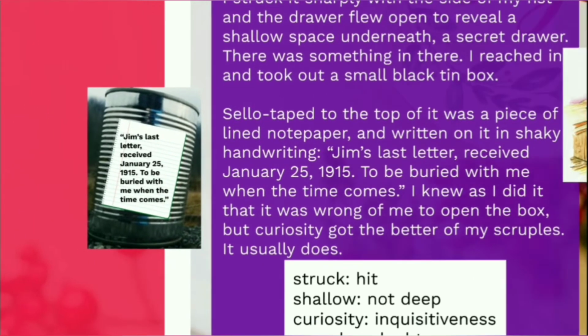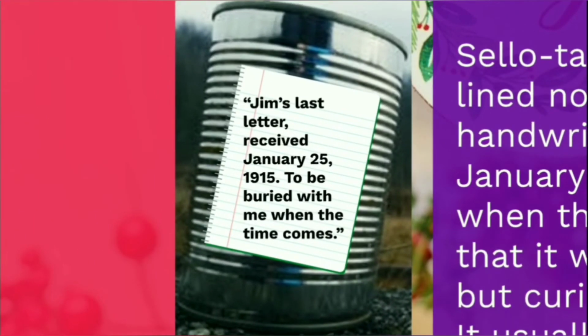It usually does. So you can take a look at the box here, the black tin box, right? He finds that there's a note taped on the top of the black tin box. This note was written in a shaky, meaning unstable, handwriting. It said that it contained a letter inside it written by someone called Jim. This letter was received on 25th of January 1915. The person who wrote the note wanted the letter to be buried with them when they die.